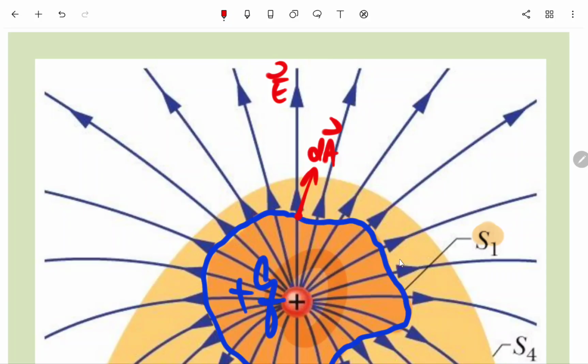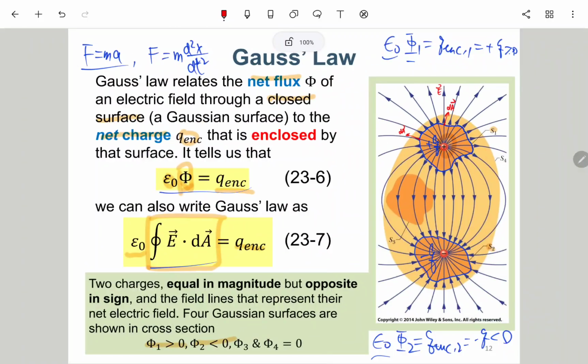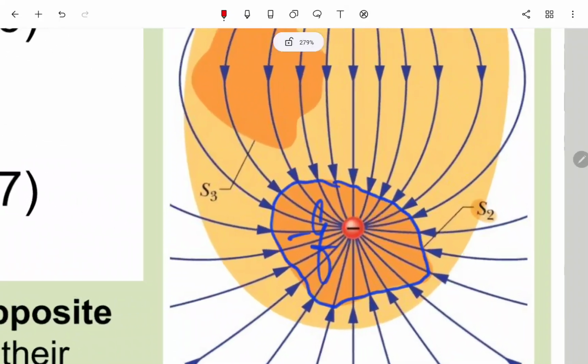So this d phi is positive, this d phi is also positive, and so on, and then we add all these positives together. By the definition of the net flux, you also know that this is positive, and this is also implied by Gauss's law.